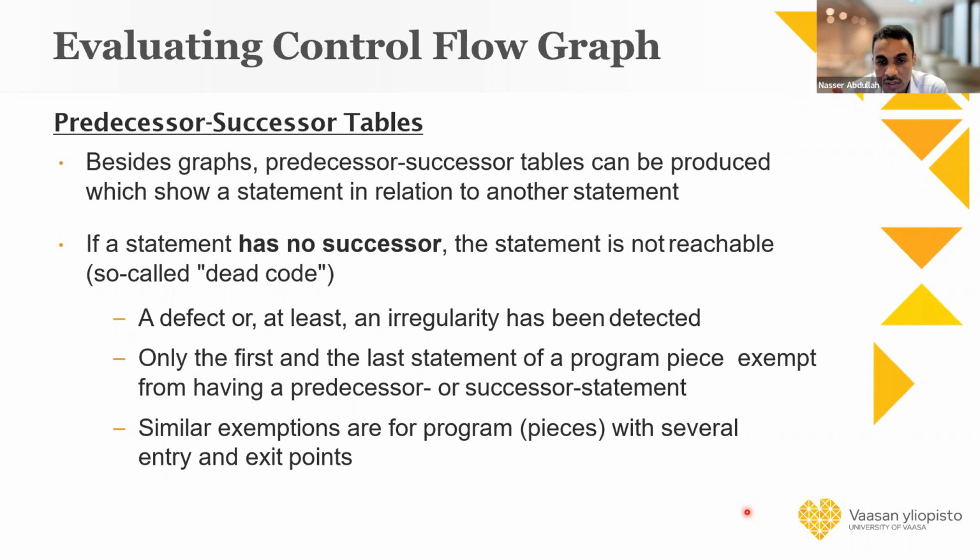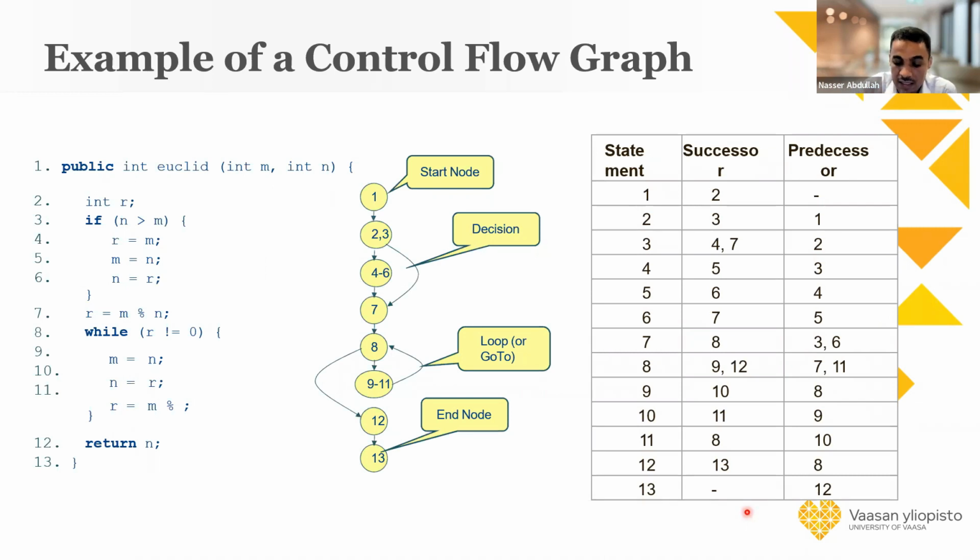So if one of them is without preceders or without successors, that means there is some error, some unused sentence. This is one method to evaluate the graph.